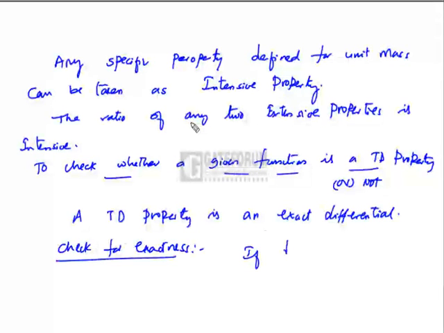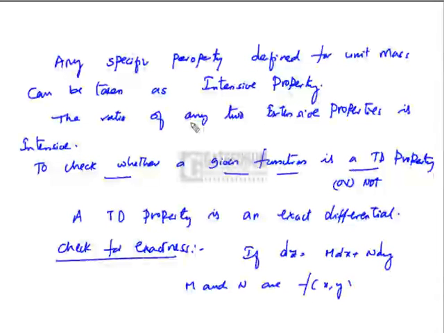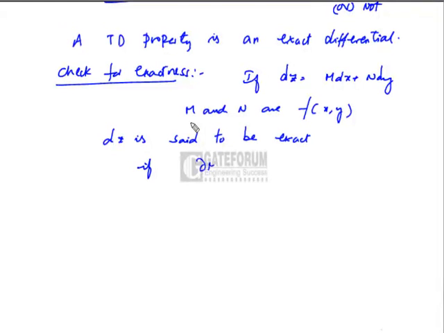If dz is equal to M dx plus N dy, where M and N are functions of x and y, dz is said to be an exact differential if the partial derivative of M with respect to y at constant x is equal to the partial derivative of N with respect to x at constant y.